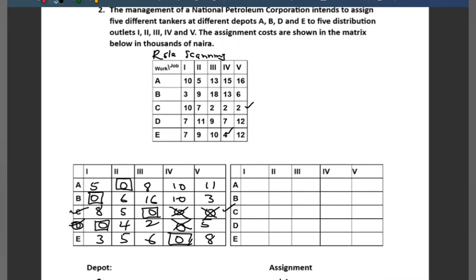So A is assigned to 2, that's 5,000, plus B is assigned to 1, that's 3,000, plus C is assigned to this here, so this is the third number, 2, that's 2,000, plus D is assigned to this, and the number is 7,000.